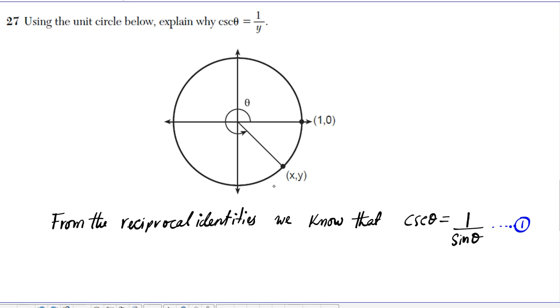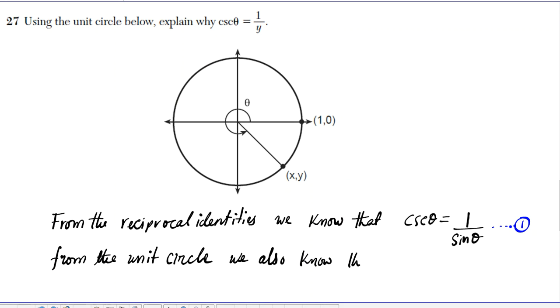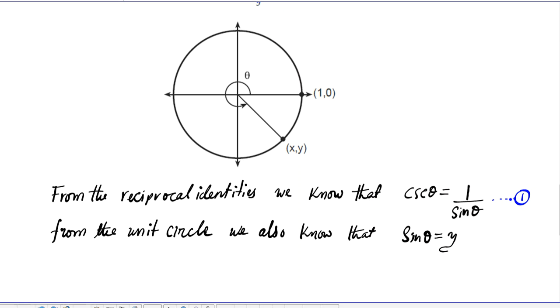Now what do we know concerning the unit circle and sine and cosine? From the unit circle, we also know that sine theta is the y coordinate. So sine is y and cosine is x.